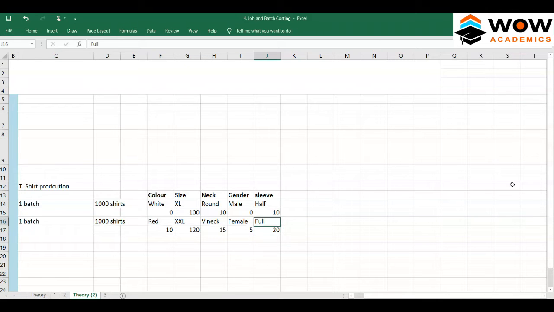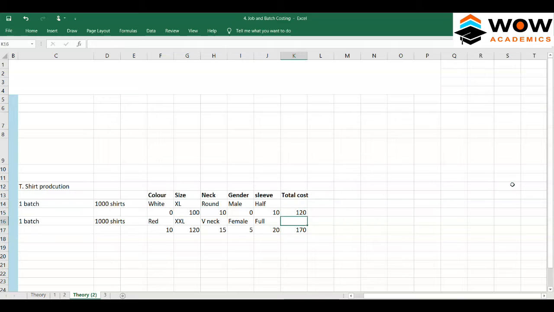Now if you put here the total cost per shirt, add all these. Here the per shirt cost would be 120, and here it is going to be 170.